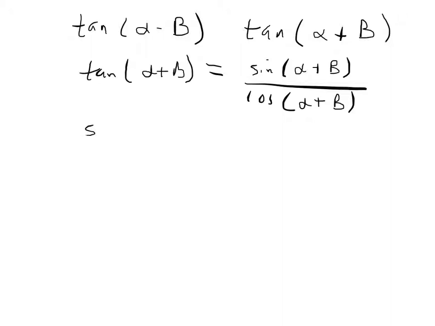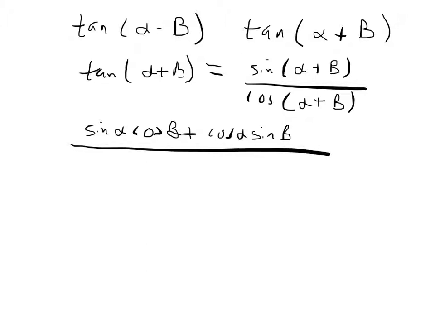So if we expand this, we get sine alpha cosine beta plus cosine alpha sine beta, and that's just my formula for sine of alpha plus beta, all over cosine alpha cosine beta minus sine alpha sine beta.